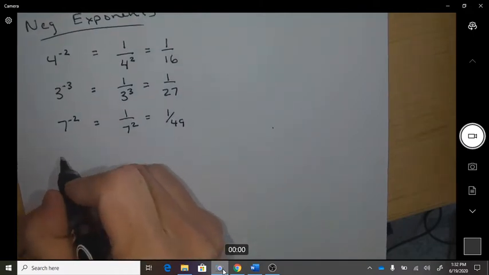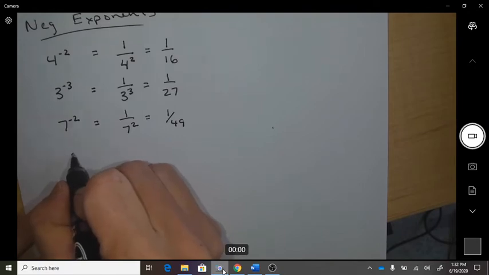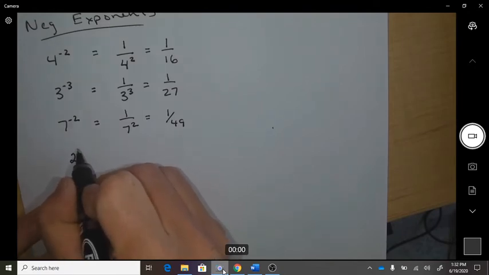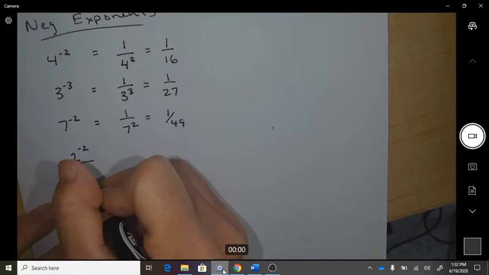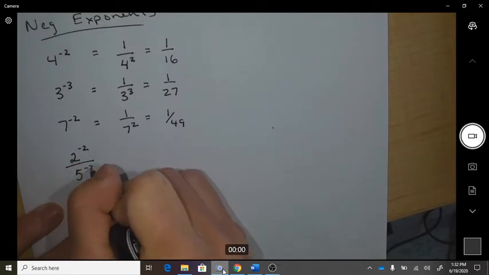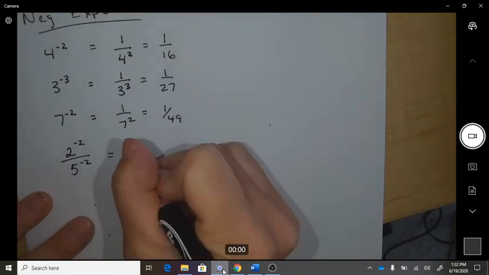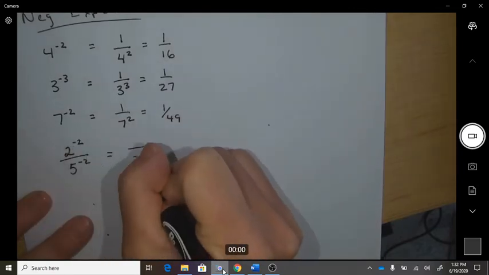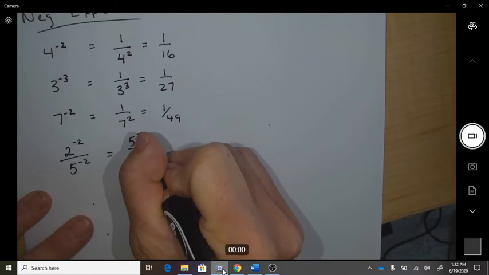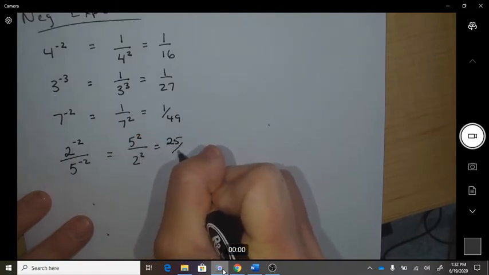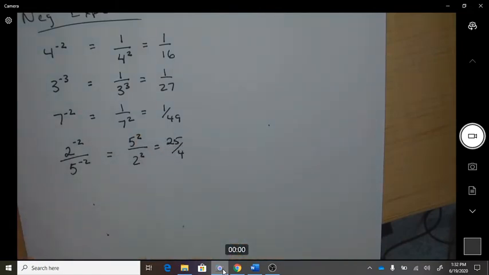So if you would have had something like this, 2 to the -2 over 5 to the -2. Then in my reciprocation, I would put this on the bottom and this on the top, so my final answer would be 25 over 4.